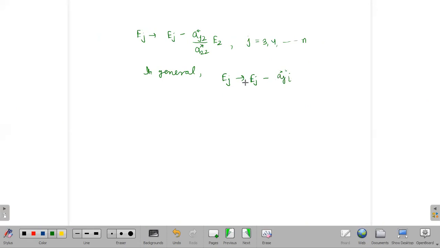If there are more than 3 equations, then your entries will change according to the operations. AI star, if I'm not writing star here, it is another value here. So EI. I is running from 1, 2, 3, and so on up to N minus 1. Do you understand why I is from 1 to N minus 1?